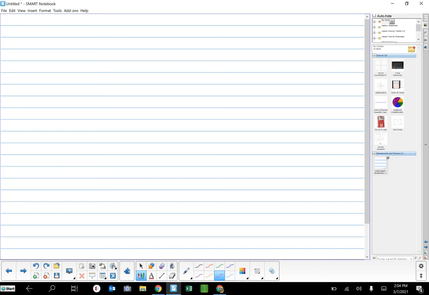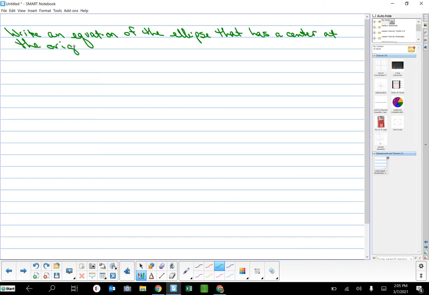So the question says, write an equation of the ellipse that has a center at the origin and a focus at 0, 4.